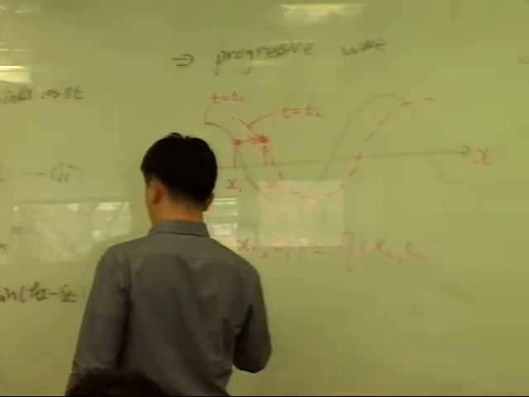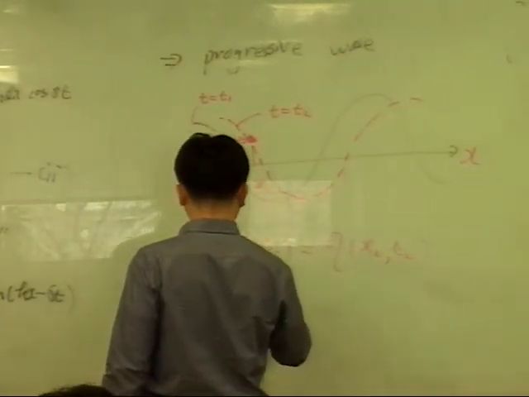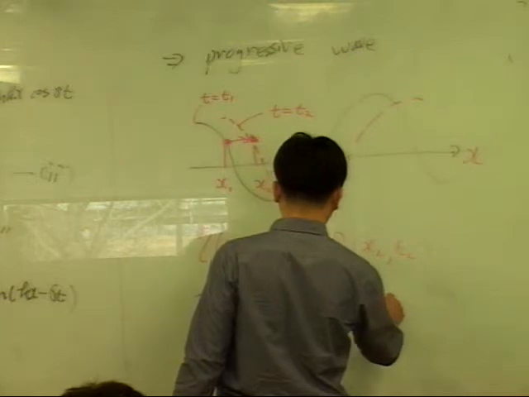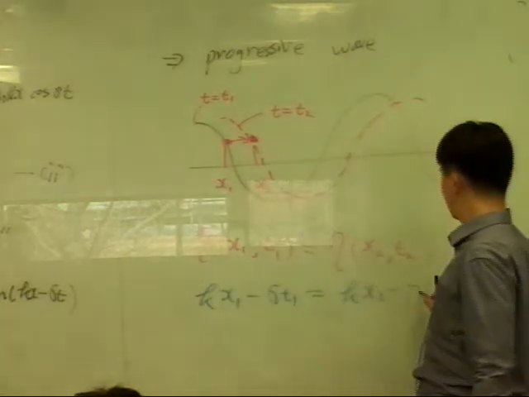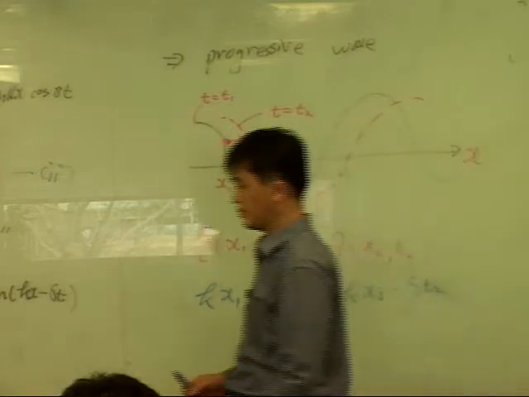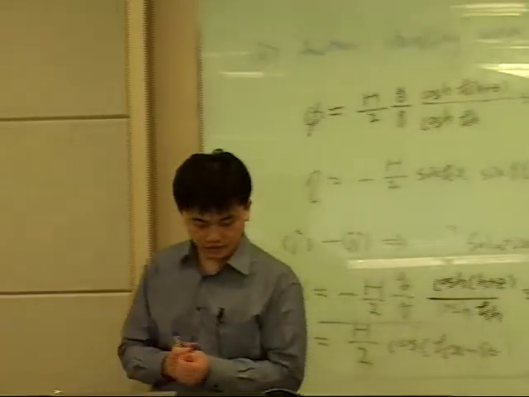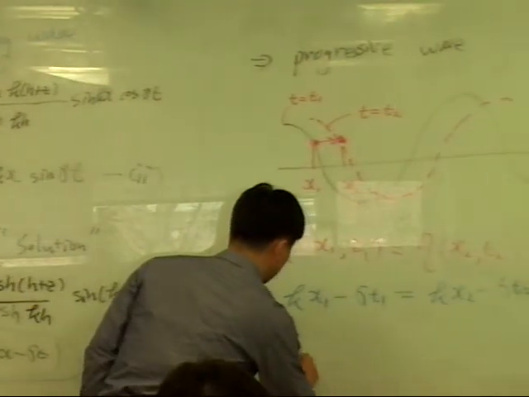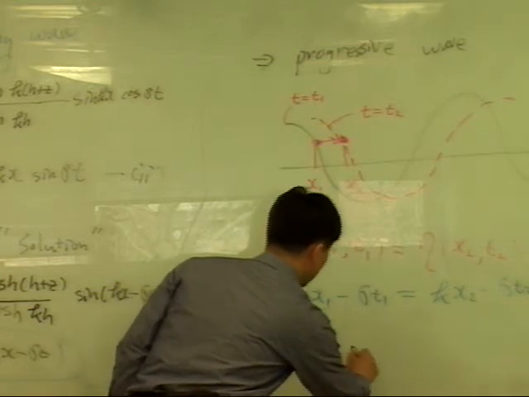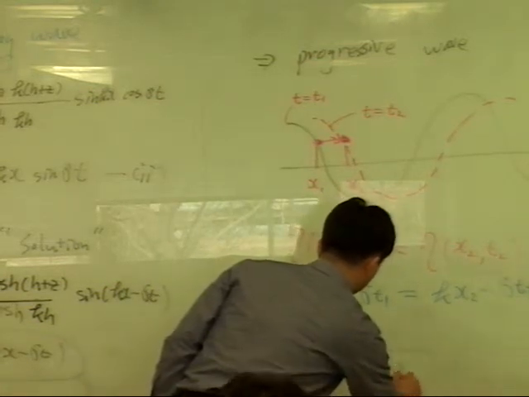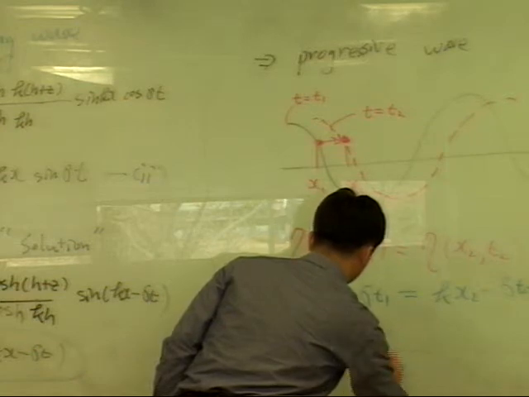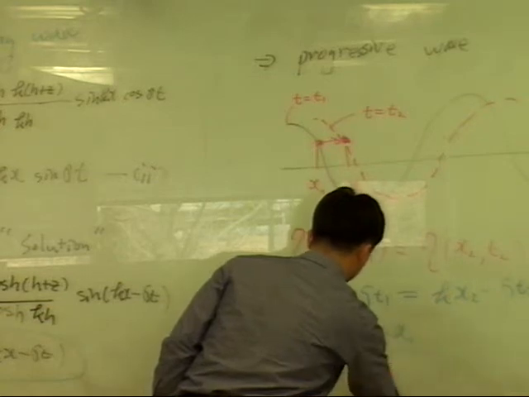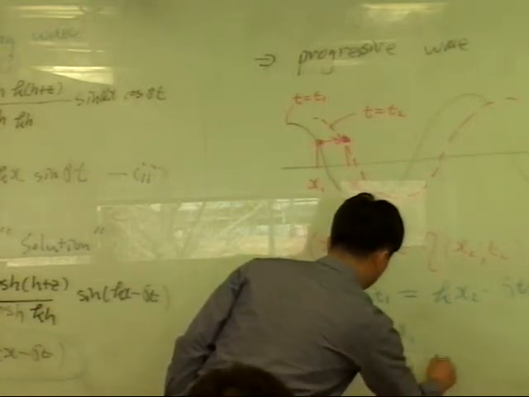Then k x1 minus sigma t1 should be the same as k x2 minus sigma t2, right? Then this will give us sigma over k equal to x2 minus x1 over t2 minus t1.